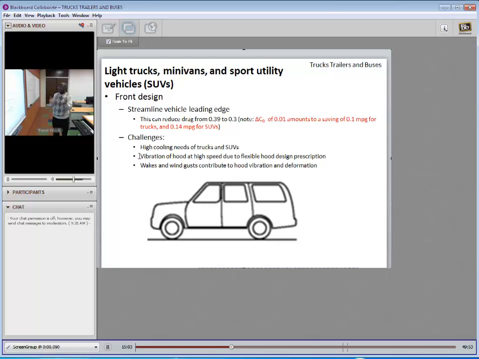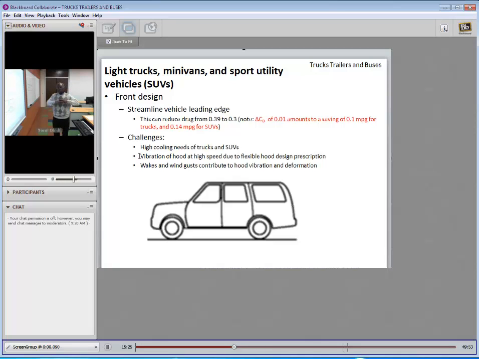It's not as sturdy as it was before, and because the stiffness is not there, it becomes susceptible to wakes and wind gusts, especially at high speed.